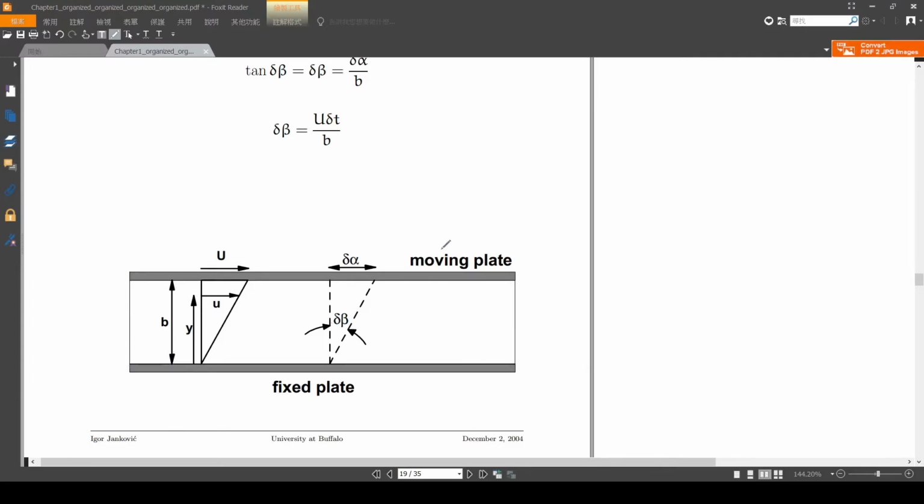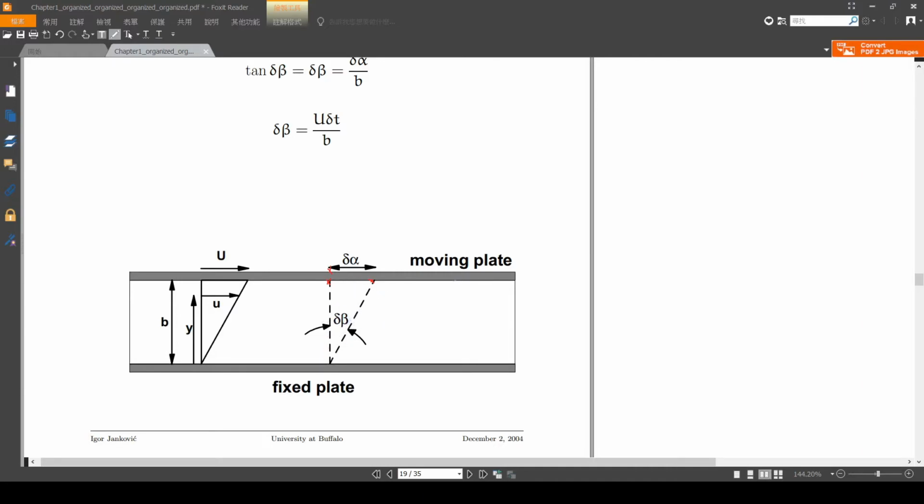There are two plates: the bottom plate is a fixed plate, while the upper plate is a moving plate with velocity equal to u, and the gap between the two plates is equal to b. The velocity profile here is assumed to be linear. If a particle starts from here and after a very small time increment is transported to this position, the displacement is delta alpha, while the angular deformation is delta beta.